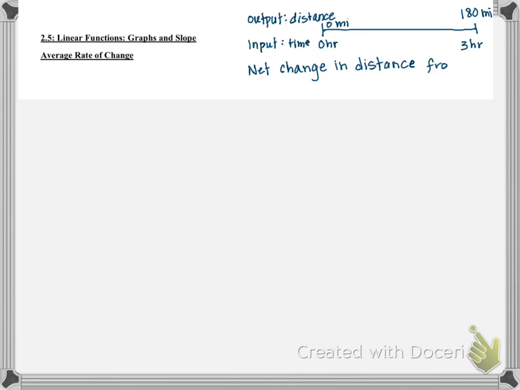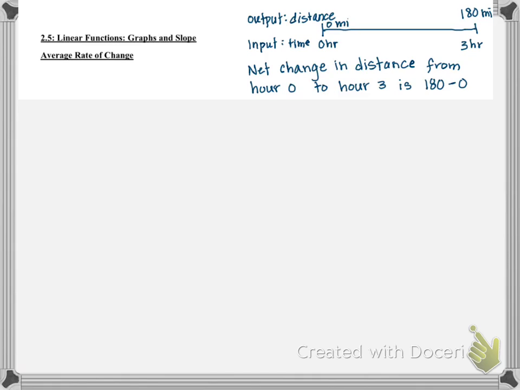From hour 0 to hour 3 is just 180 minus 0. It's the output associated with hour 3 minus the output associated with hour 0. And remember that when we do net change, it's always the output associated with the bigger x value minus the output associated with the smaller x value.